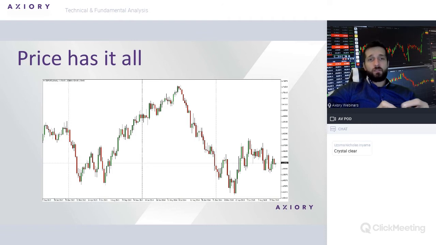all the news, all the things from the fundamental analysis is already reflected in price. Why is it happening? It is because there's thousands and thousands of smart people, smart traders, who are constantly looking for this news and data. They have sophisticated software, ultra-fast computers, which are helping them in analyzing this data.